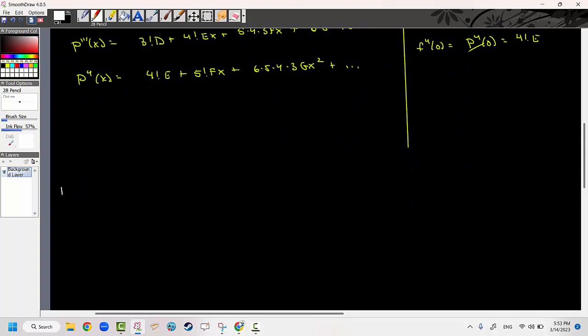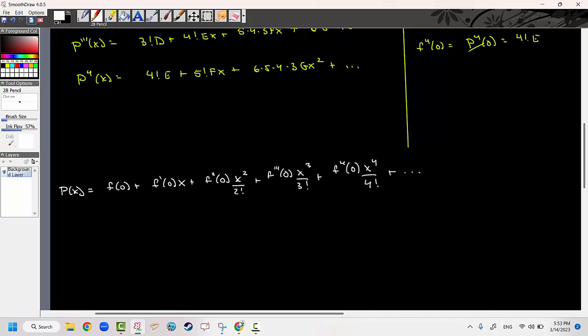So I can now say that P of x is equal to not A, but f of 0 plus f prime of 0 x plus f double prime of 0 x squared over 2 factorial plus f triple prime of 0 x cubed over 3 factorial plus f fourth derivative of 0 x to the 4th over 4 factorial plus dot, dot, dot, and I could just keep on going forever. So that is a shortcut on how to maneuver a Maclaurin series quickly.